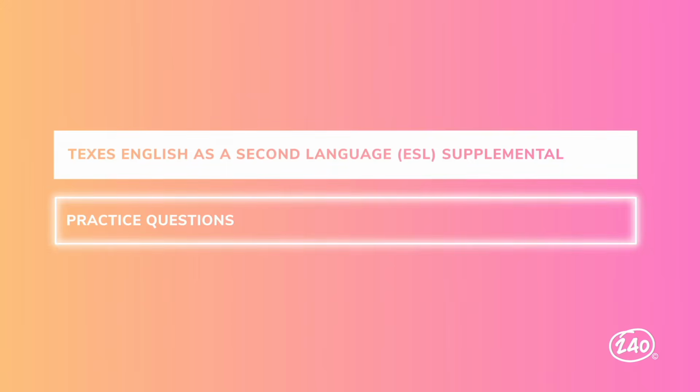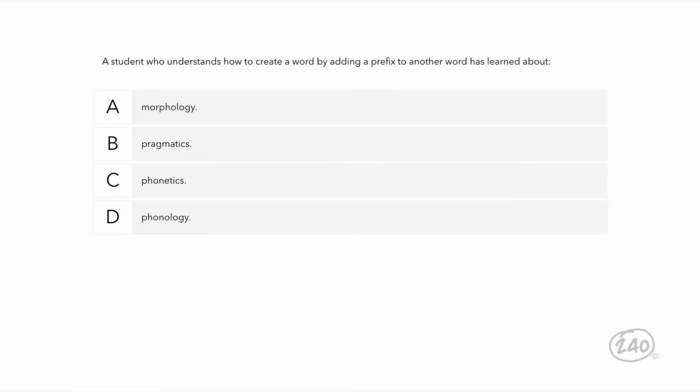Now for questions. Remember how Domain 1 includes understanding basic concepts of language? Let's look at how that's reflected in a question. A student who understands how to create a word by adding a prefix to another word has learned about morphology, pragmatics, phonetics, or phonology?